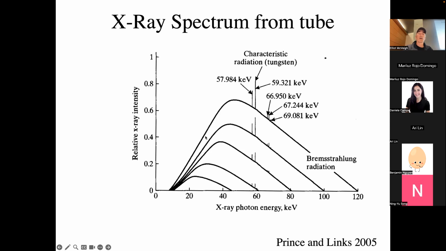However, what they're produced by these collisions, the lower energy X-rays, they just immediately get absorbed by the target material itself, right? Or they get absorbed by the glass outside the tube or something like that. They're really low energy.